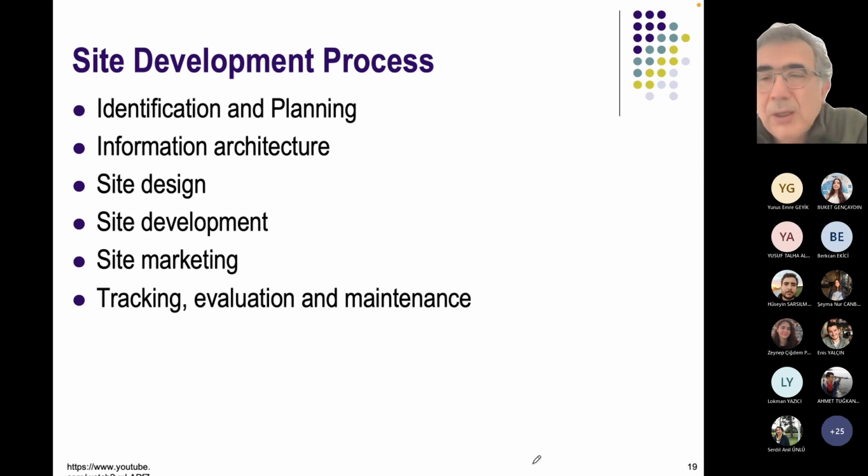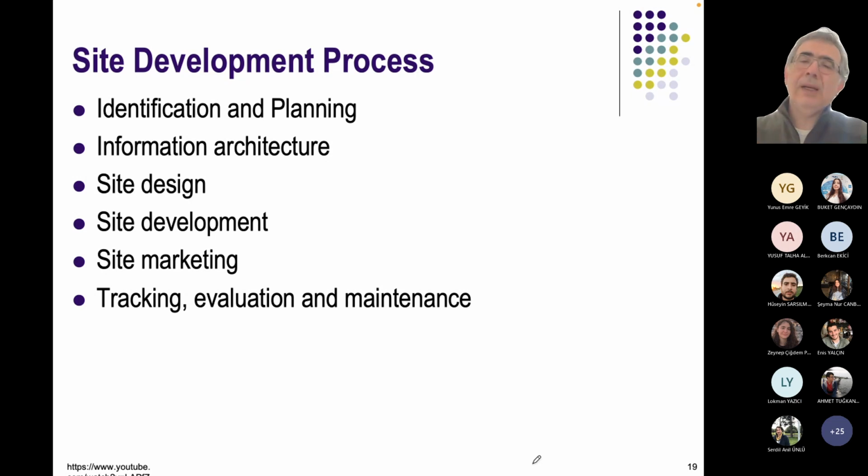Nobody is going to know what you have done. Even if you are doing a site like the university website, you need to advertise. You need to advertise the things that you have done in the website so that people in your organization can use it.